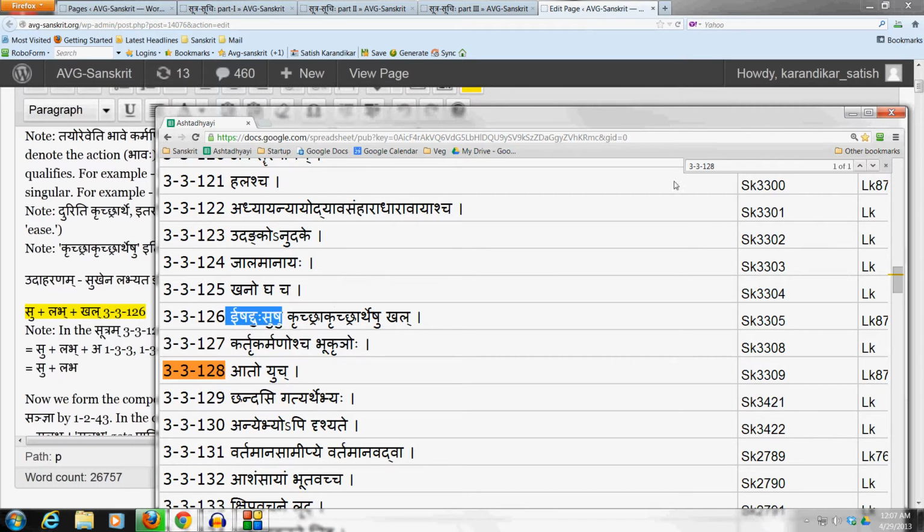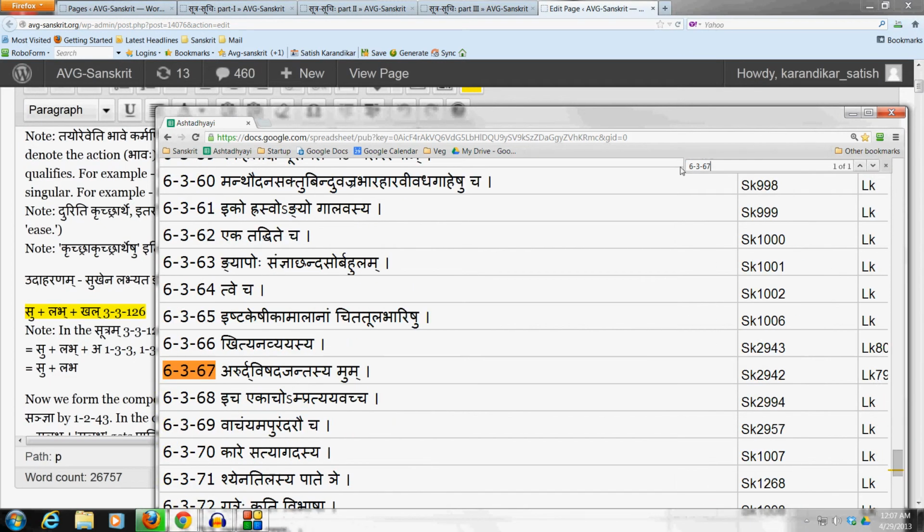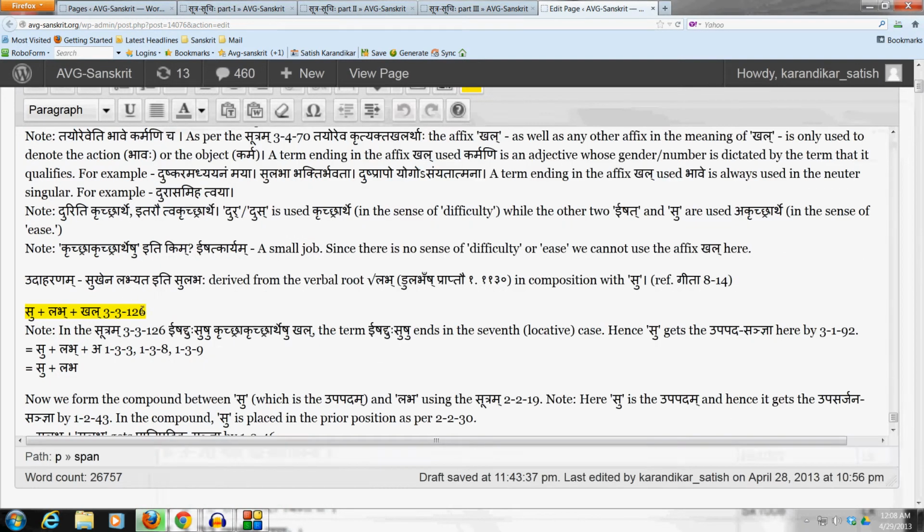Now recall sutram 6.3.67 which we have studied, arurdvisha dajantas mum, which prescribes the augment mum, but the sutram prior to that says khityanavyayasya, khiti anavyayasya. So if we have an avyayam, then this sutram 6.3.67 cannot bring in the augment mum, and here ishat, dus, and su, they're all indeclinables.